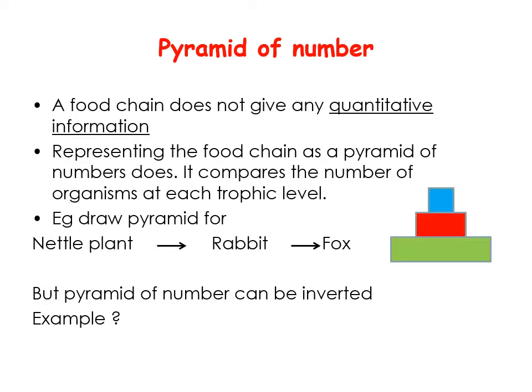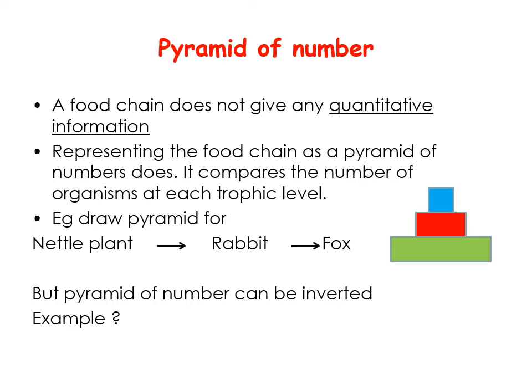We'd have lots of nettle plants sustaining a small population of rabbits, and then an even smaller population of foxes. So this would be population data in that area, and we would be using that to give us an idea about energy transfer.